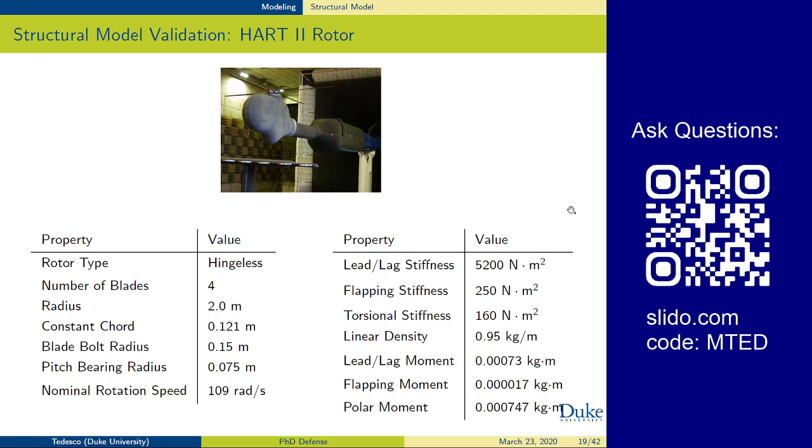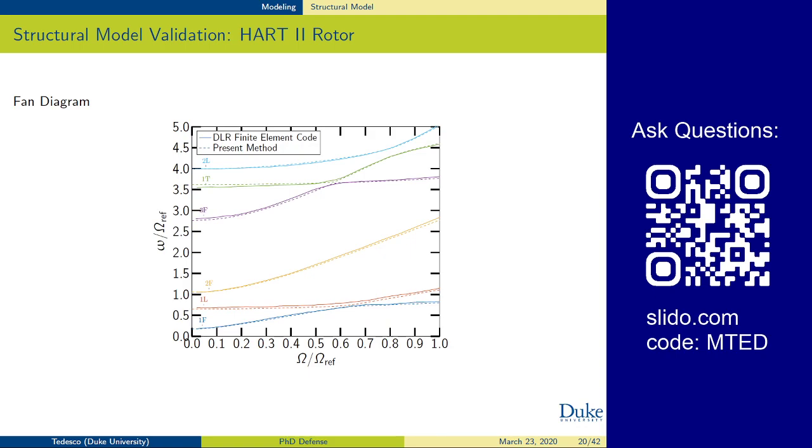A great way to compare this is by looking at what's known as the fan diagram or the Campbell diagram. On the x-axis, we're looking at the rotational velocity of the rotor, non-dimensionalized by omega ref. And on the y-axis, we're seeing the eigenvalues, or the natural frequencies, of each of the first 6 modes for this rotor. On this plot, we're seeing 2 different sets of curves. One, the solid line, is the finite element code used at DLR to calculate these modal eigenvalues, or natural frequencies.